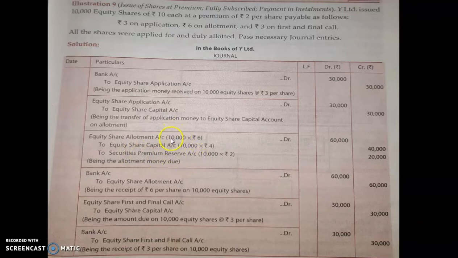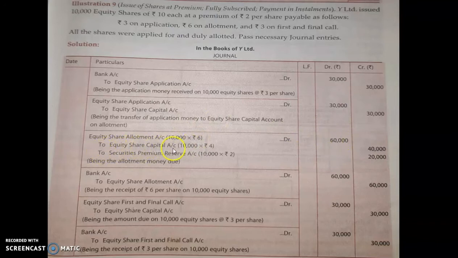How will you write the amount? The 10,000 number of shares which we have issued, 10,000 into how much in total you are going to collect on allotment? 6 rupees, that you will show here. So in the amount column, on the debit side, you have to write 60,000.